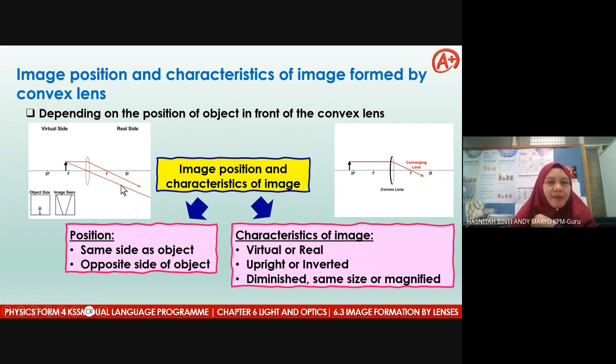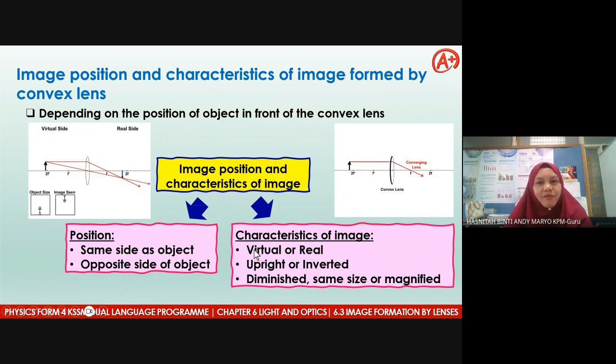Okay, so these are the 2 possibilities for the position of the image formed by a convex lens. The image can be formed either at the same side as the object, which means at the front of the lens, or behind the lens, at the opposite side of the object. The characteristic of the image can be virtual or real.